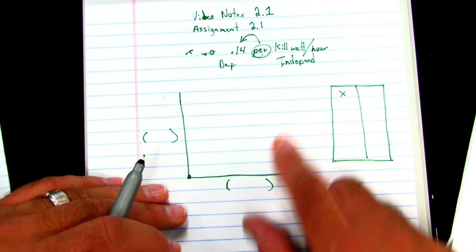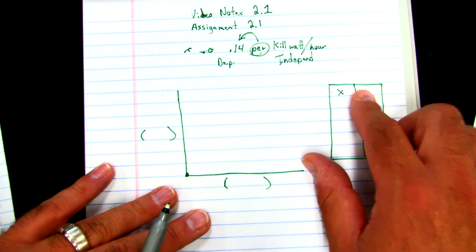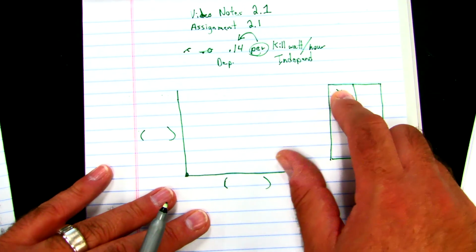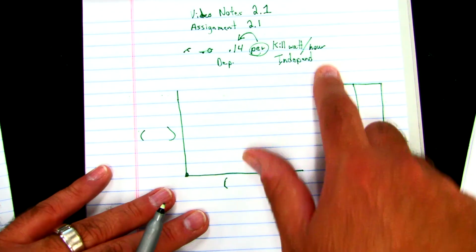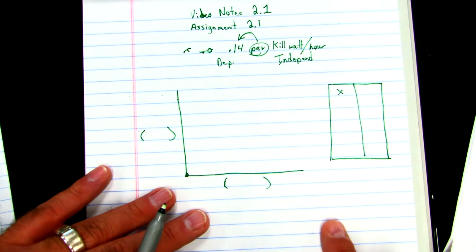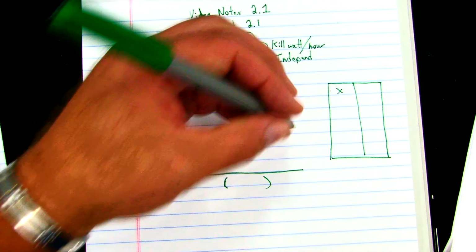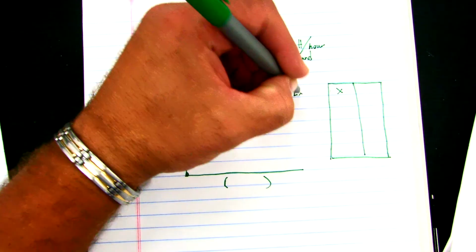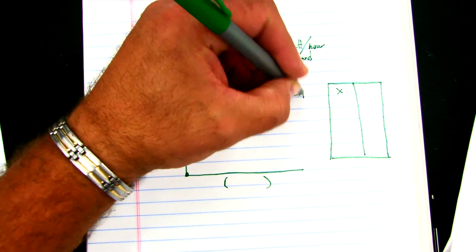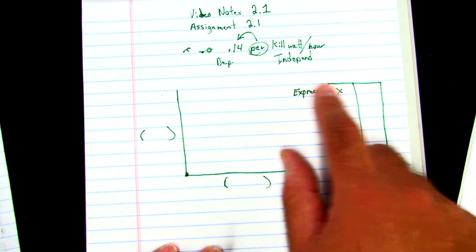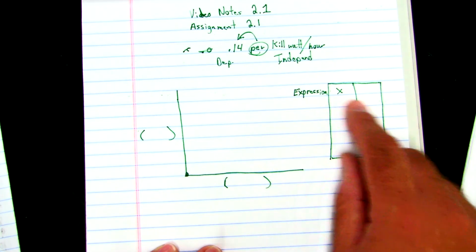Now this is where some people have a problem, because in the software it allows you to put the X in either one of these columns. Well, that's going to cause you an issue later. You want to get used to putting the X in the first column. If you put the X as the expression, you won't have an issue in the first column.